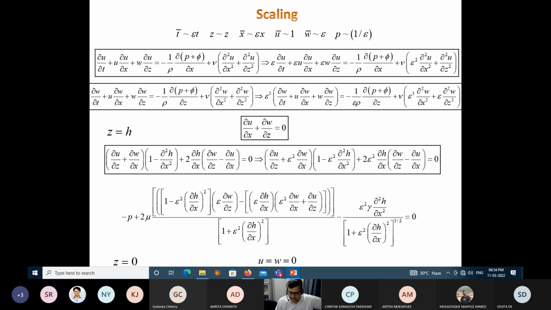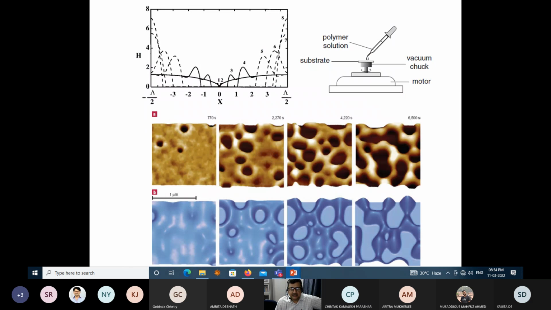Suppose you have a phenomenon that is happening like this. What is the order of magnitude in terms of time? Is it large or small? Say suppose you are watching that the holes are forming at about 2 hours. Is it a large time or small time?